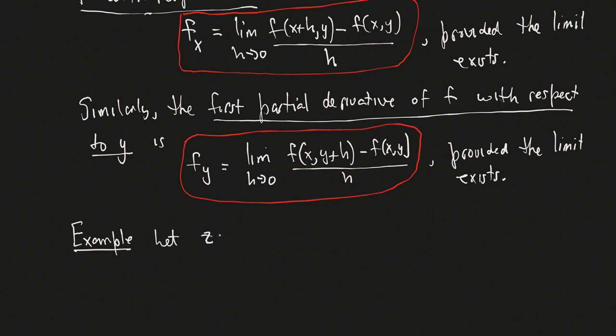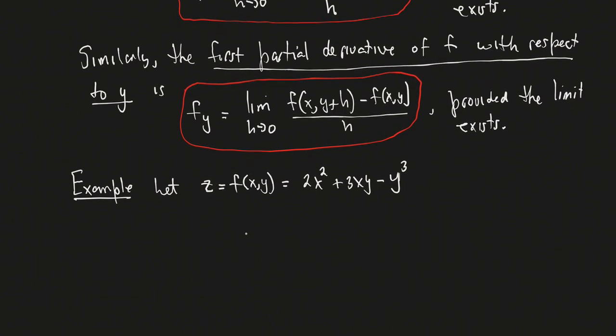So let our z be, and in fact, let me use both notations, 2x squared plus 3xy minus y cubed. So again, not too difficult, not too complicated a function.